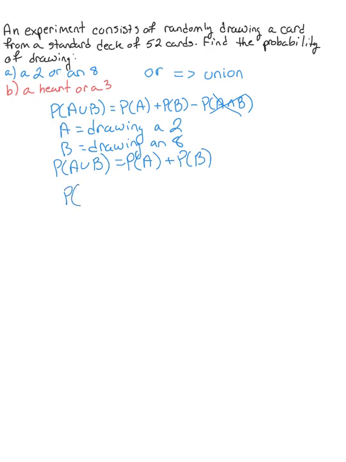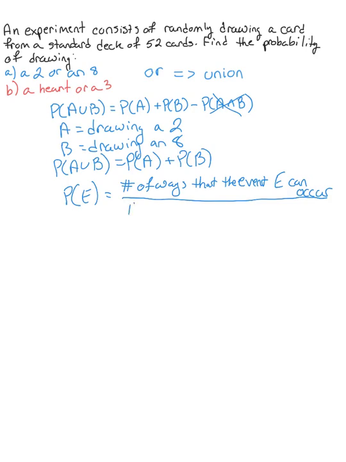The probability of an event E is, in general, the number of ways that the event E can occur, divided by the number of total possible events.